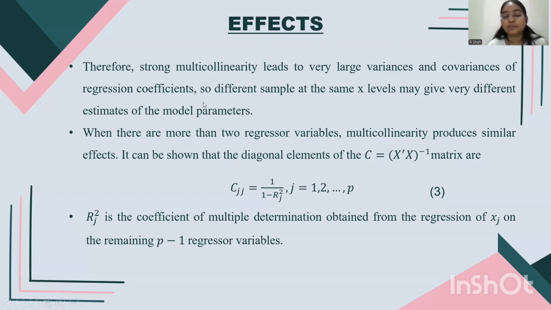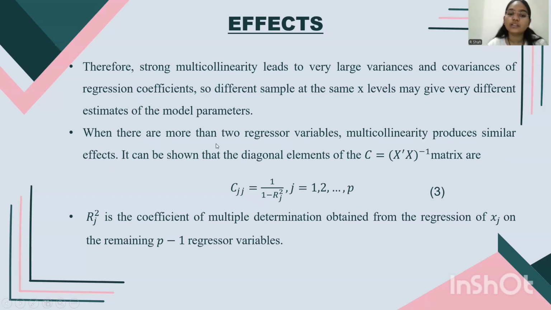Whenever we talk about the best model, we always consider minimum variance. If multicollinearity is present, strong multicollinearity leads to very large variance. So this is also an effect of multicollinearity here, right? So different samples at the same x level may give very different estimates of the model parameters.